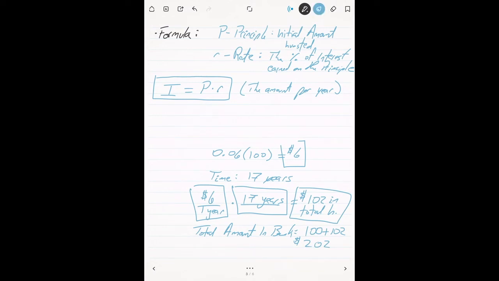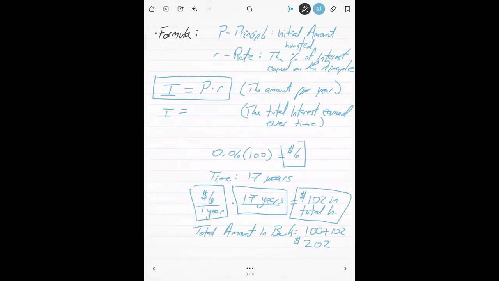Let's now say another formula. Interest, and this time I mean the total interest earned over time.